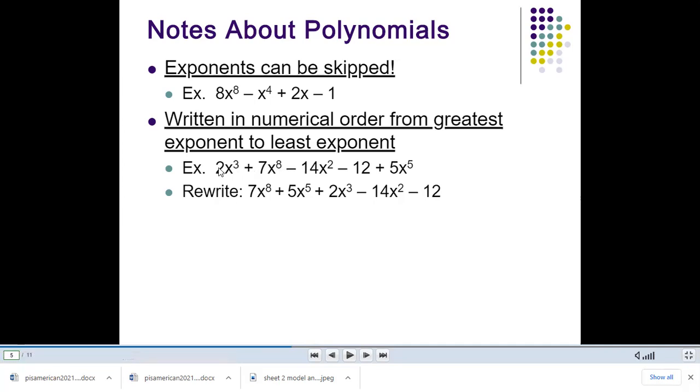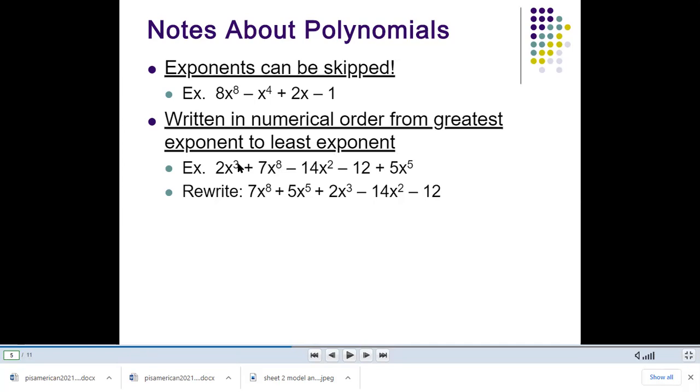If we want to rearrange this expression, will we arrange it according to the coefficient or according to the power? According to the power, or the exponent. Once we rearrange the expression, we rearrange according to the exponent.